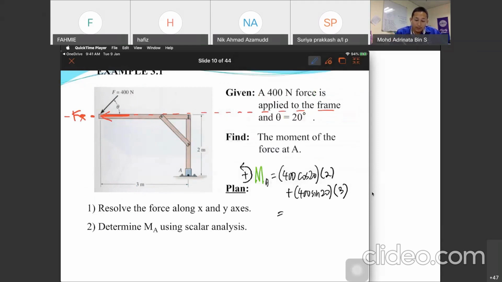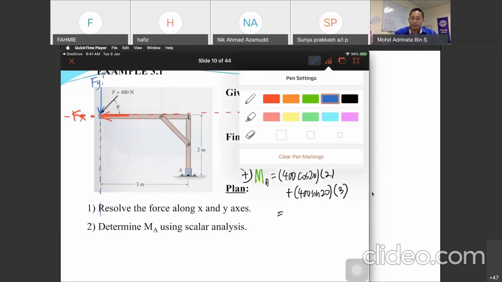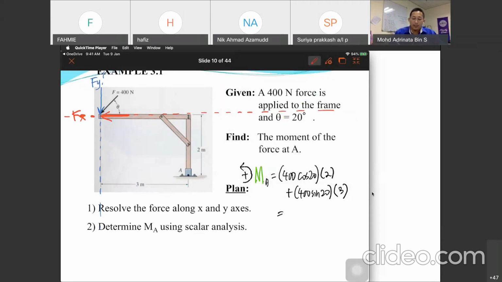And then we have our Fy, and Fy is acting on this line. This is how we break our force into X and Y. For X, we look at x first. Acting on the line, which line from A is 90 degrees from the acting line?